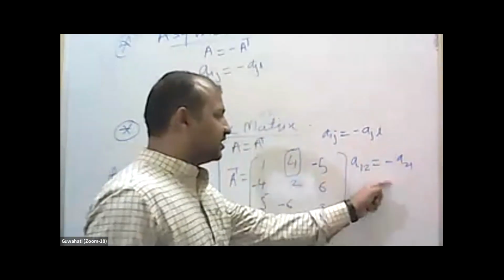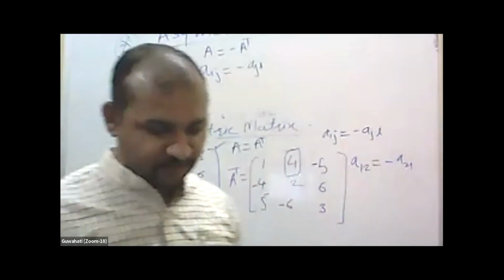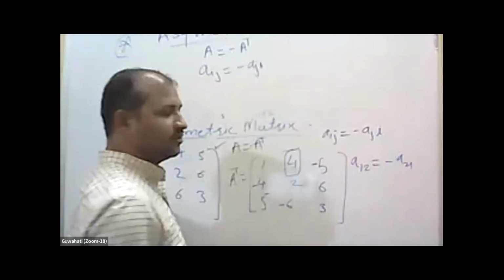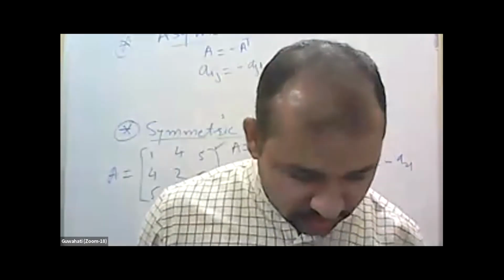If this condition is satisfied, we call it an asymmetric matrix. Or you call it A transpose is equal to minus A. That is the same.